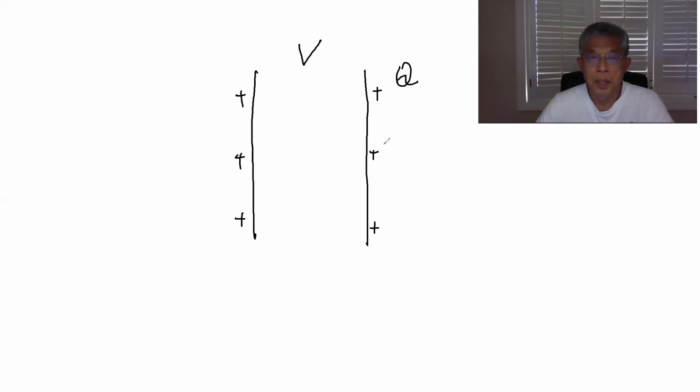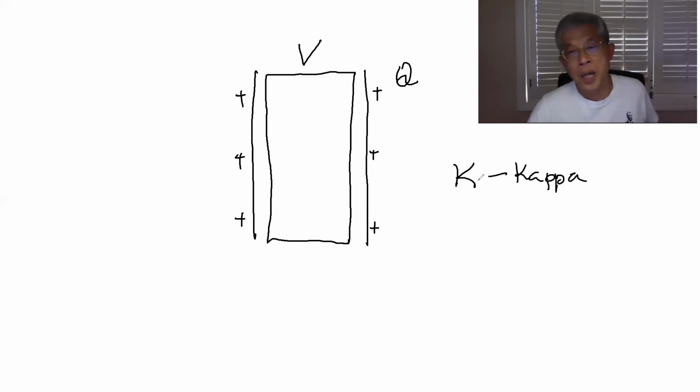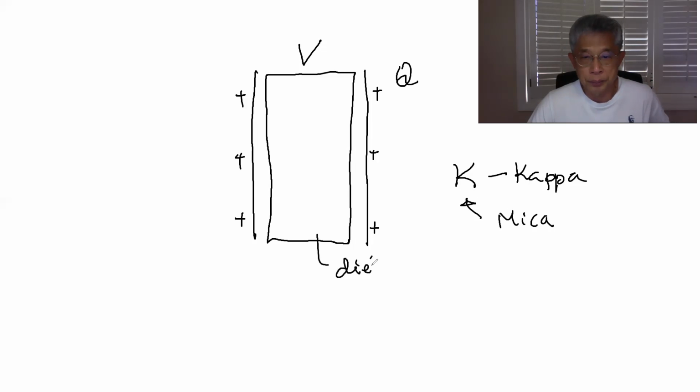Now, if all of a sudden I put in something that's not kappa equal to 1. Kappa is a Greek letter that looks like a K. Let's say for mica, I put a mica there, and this is a dielectric that I put in.